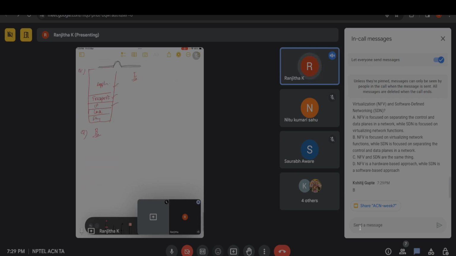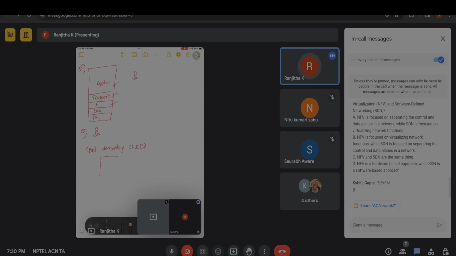All right. So the first option is NFV is focused on separating the controller and data plane in a network, while SDN is focused on virtualizing network functions. So what is SDN? SDN is nothing but separating, decoupling control plane and data plane, right?